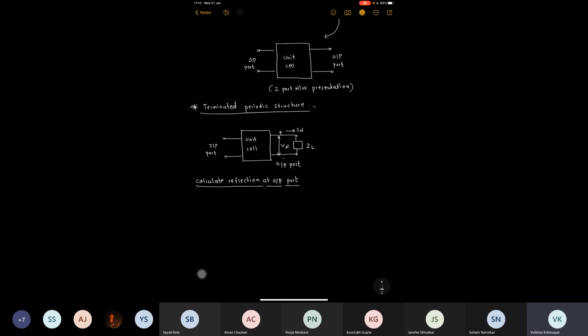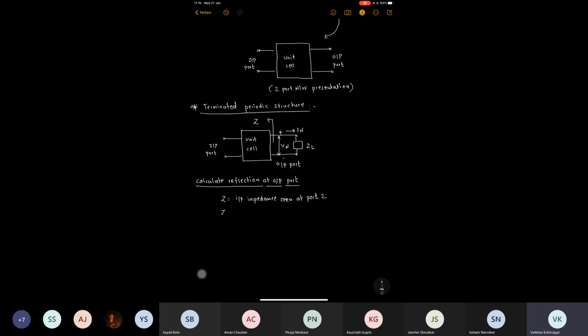So this insertion of load impedance at the output port will give rise to a certain reflection coefficient. Let us say the impedance observed by looking into port number 2 is represented as Z. So Z is the input impedance seen at port 2.